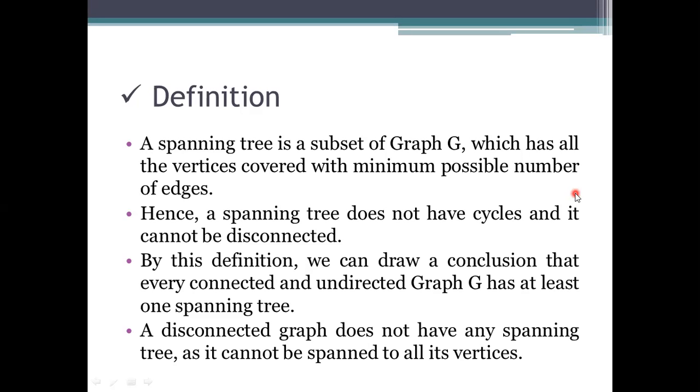To draw a spanning tree for a graph, it must be a connected graph or an undirected graph, meaning the edges and vertices are connected to form a graph. If we use disconnected graphs, with isolated nodes, we won't draw a spanning tree for such graphs.